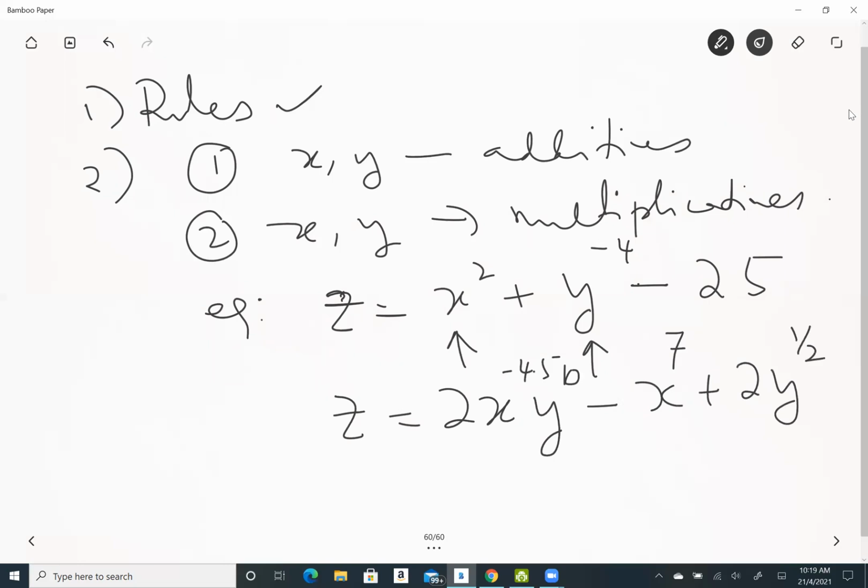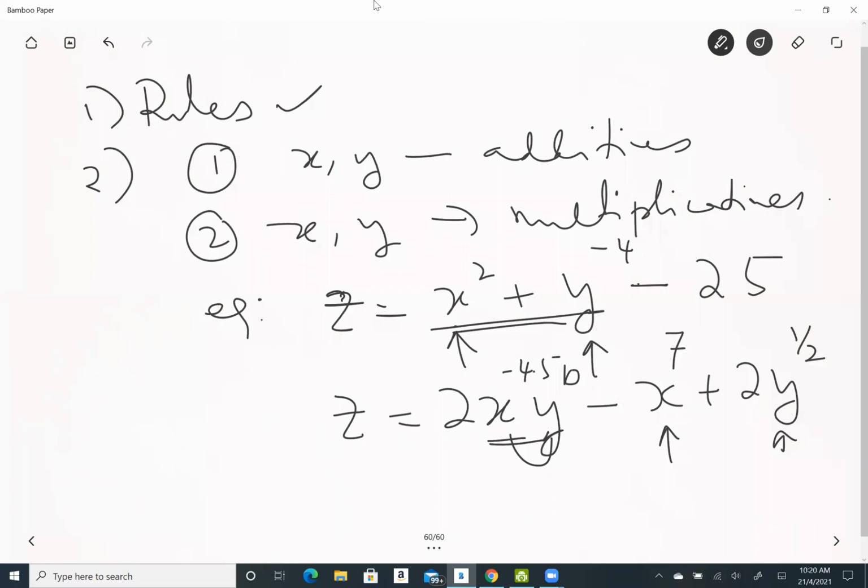Here I have multiplicative, the x and y are multiplied to each other. Even here, they can be a combination of the two. Here you have additive, and this is multiplicative. So there are two types of function, and we should get the idea on how to do the derivative.